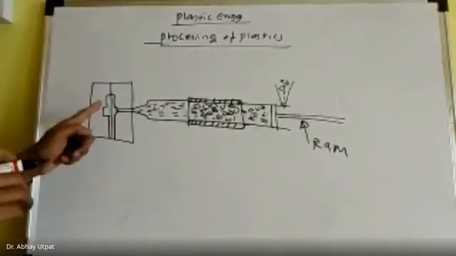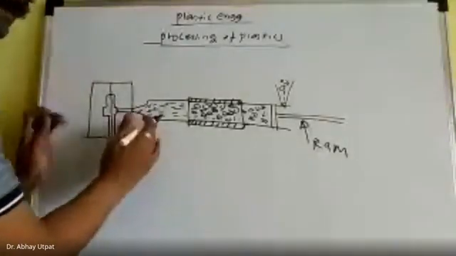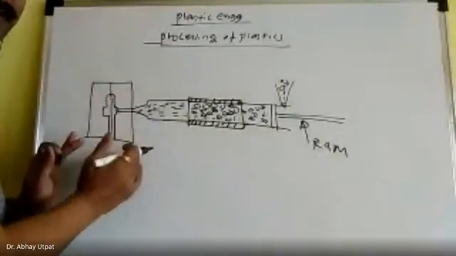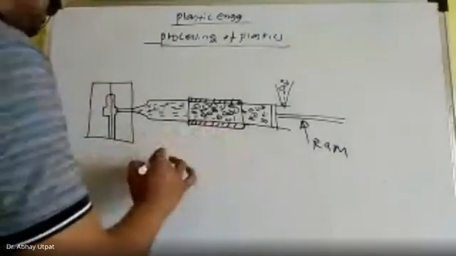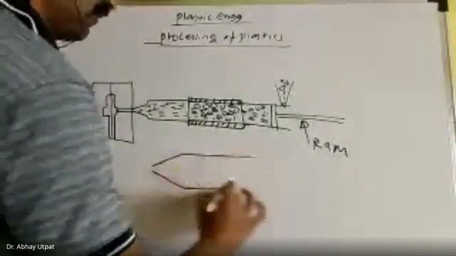Now this is simple ram type, and second I told you screw type. The remaining left-hand side part will be as it is, only there is a change in mechanism.